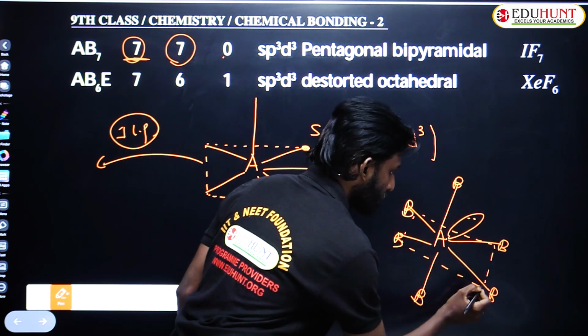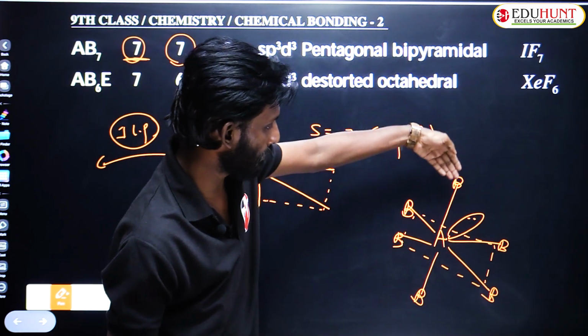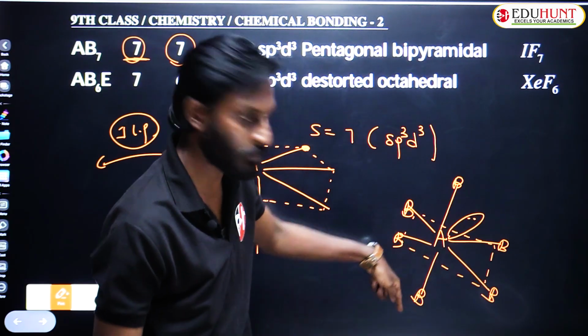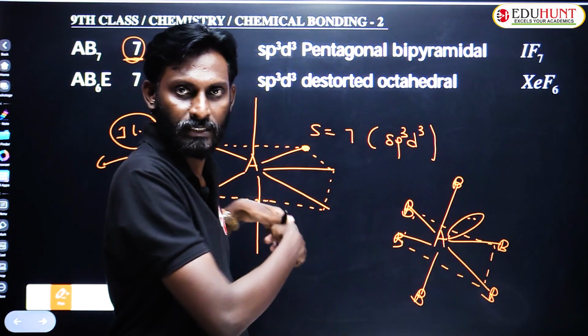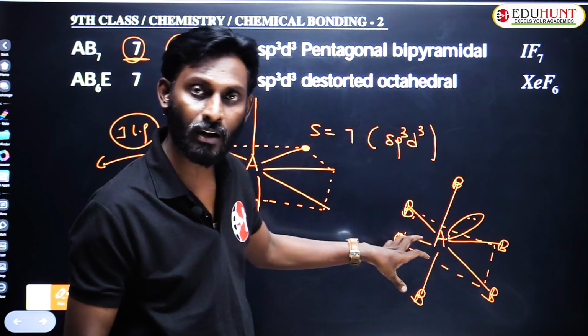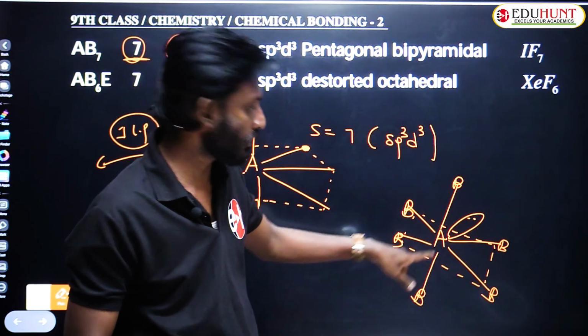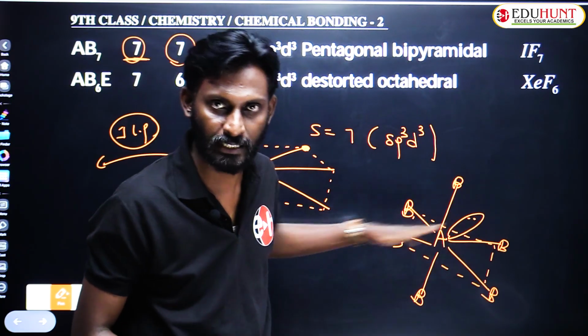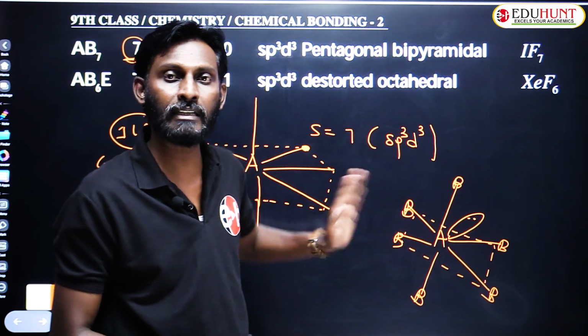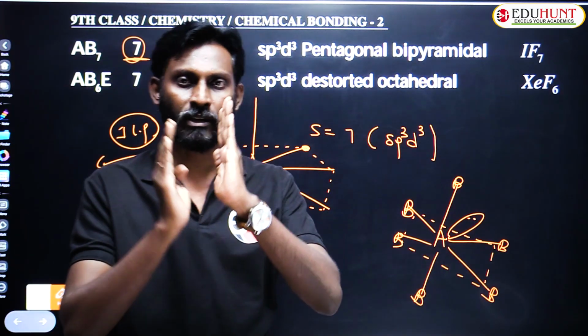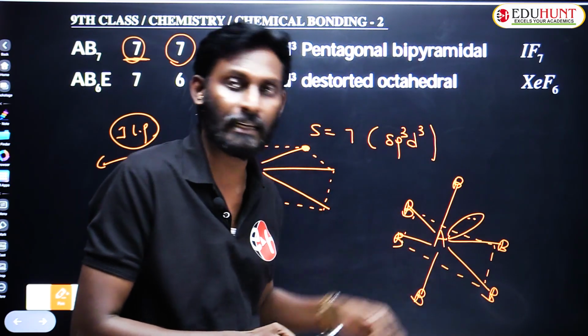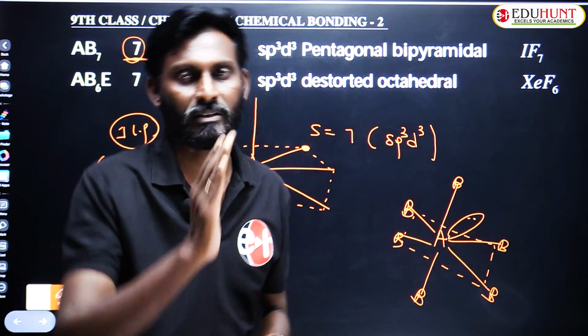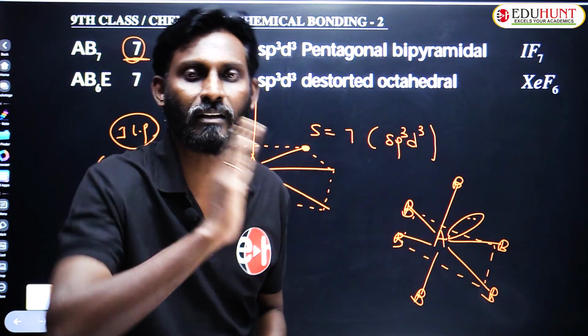It is just looking like the square planar part, above the plane one bond, below the plane one bond, just like the octahedral we discussed previously. But this is not that exact octahedral because of the repulsion caused by the lone pair present in between. So that's why this is called distorted octahedral. That means the bond angle of the regular octahedral is somewhat distorted, somewhat moved from the original angle.